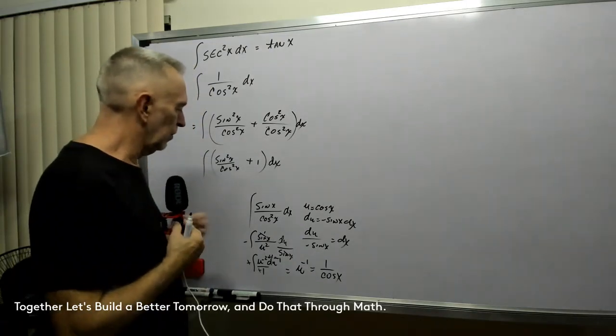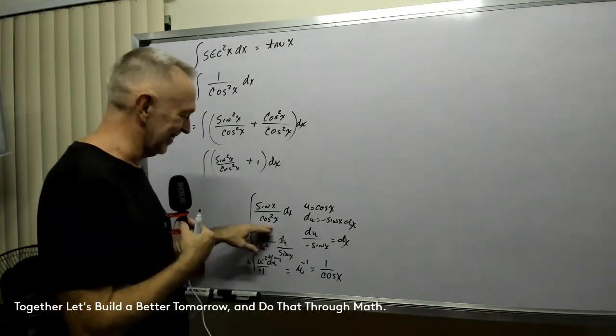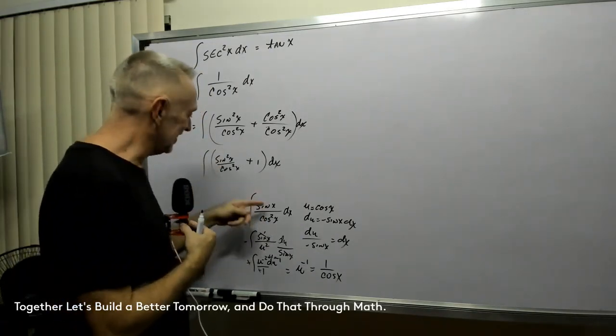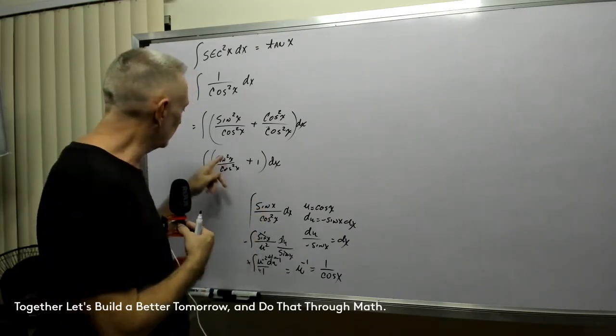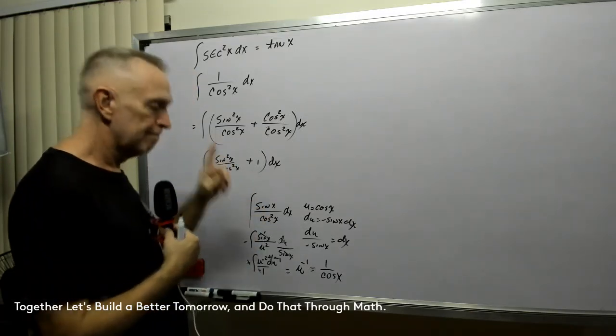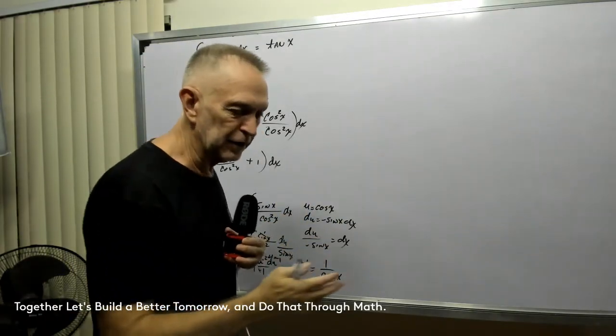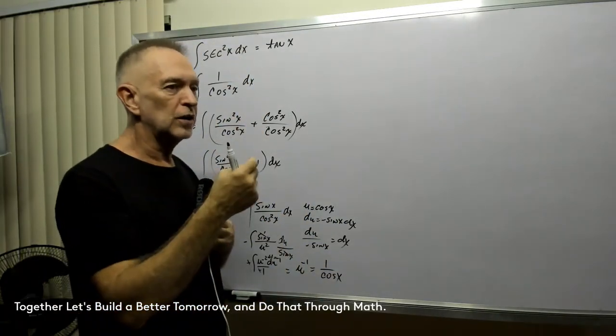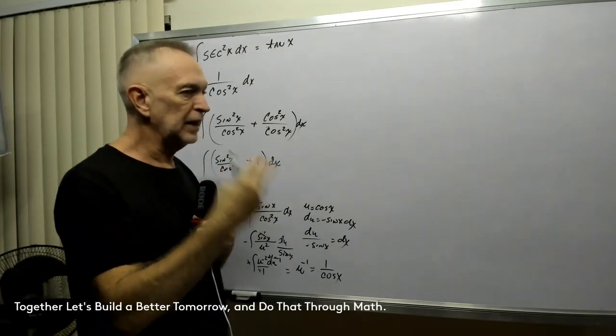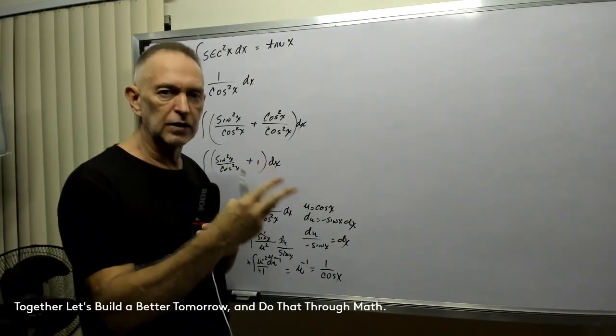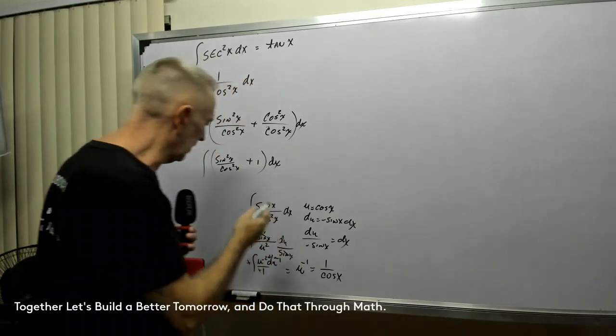And you're thinking, big deal, you don't have just sine x over cosine squared x, you have sine squared. Okay, so let's just separate the two, because if you think about the tools, u-sub, trig sub, and integration by parts were really the only three tools that I had.